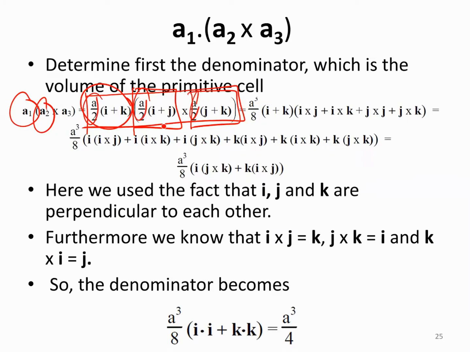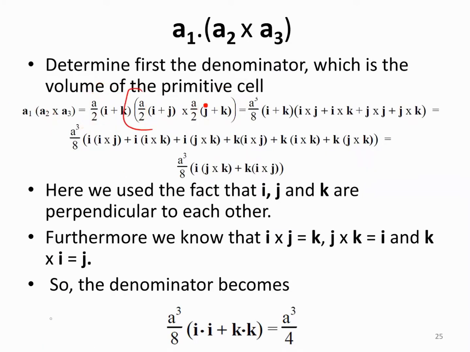Then I dot (i plus k), then this one is the cross product, right? So maybe you just solve this cross product first. So i cross j, i cross k, j cross j, j cross k. Okay? Then only you expand the rest. So i dot (i cross j), i dot (i cross k), and so on. Then you expand it.